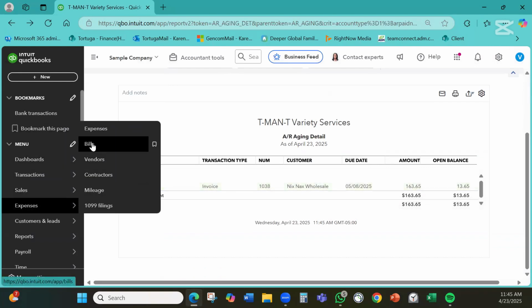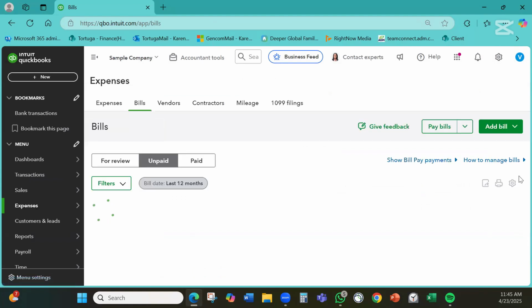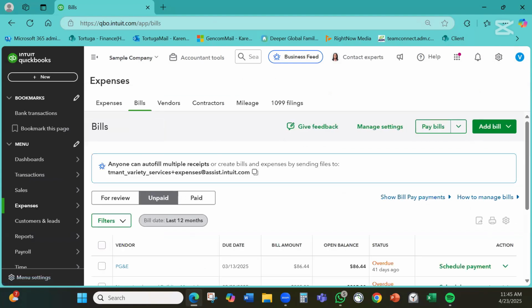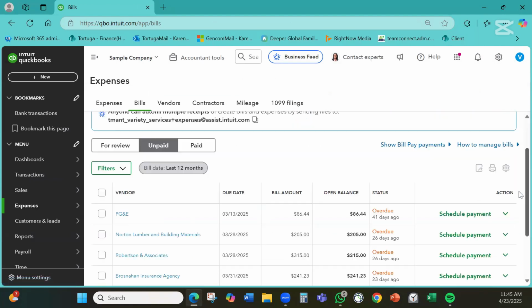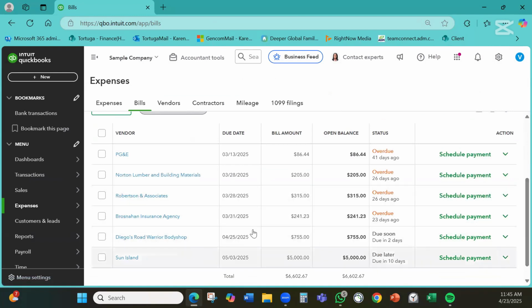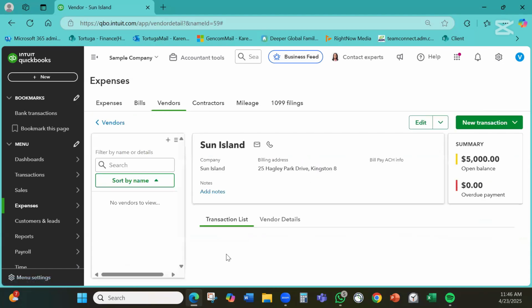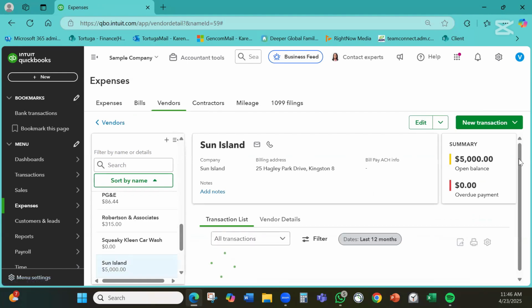Likewise with your vendor, you go back to your bill, and our person was Sun Island. So we can open Sun Island. This says scheduled payment, so you should be able to pay from here and mark as paid. But let's open the bill. It's going to be similar to what we did before.